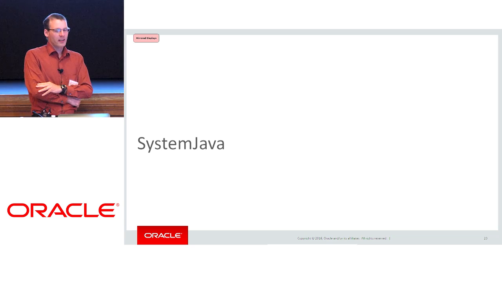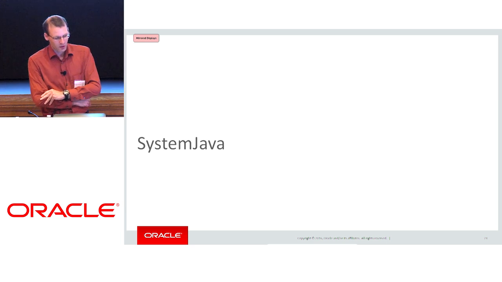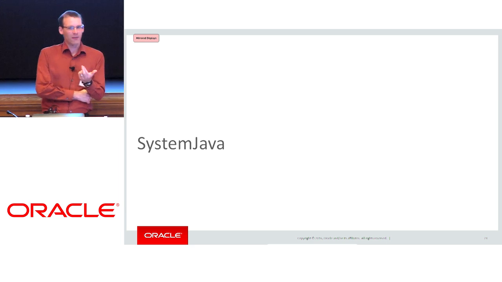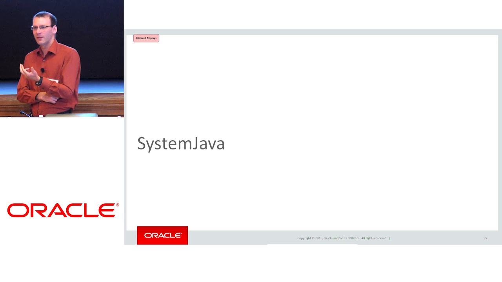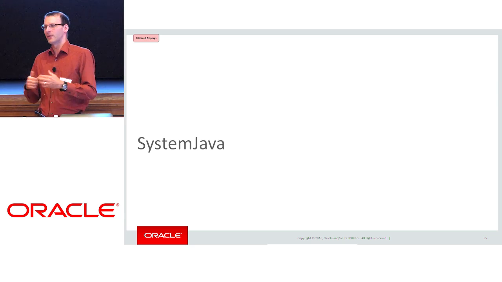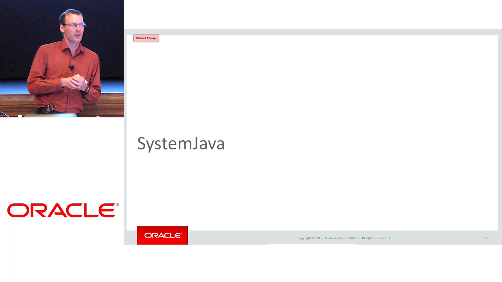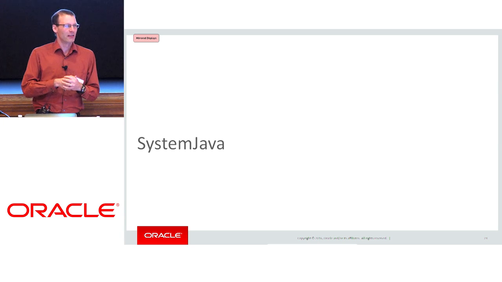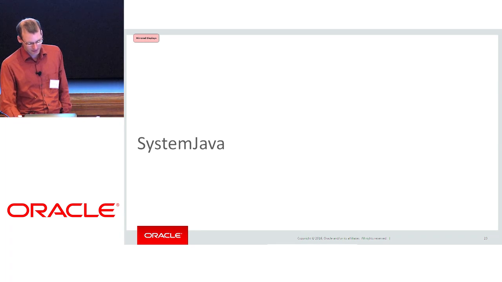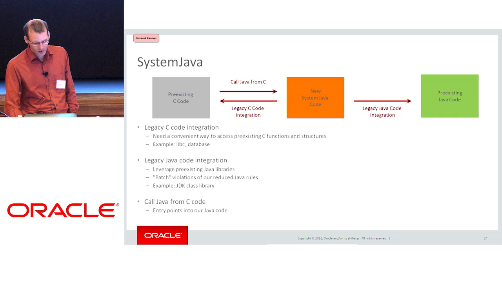Second thing I want to talk a little bit about is our low-level system Java parts. When you write everything in Java, when you write the garbage collector in Java, you also have to make sure that you can really do raw memory accesses. Because if you write the garbage collector, you cannot do that just by following Java rules.